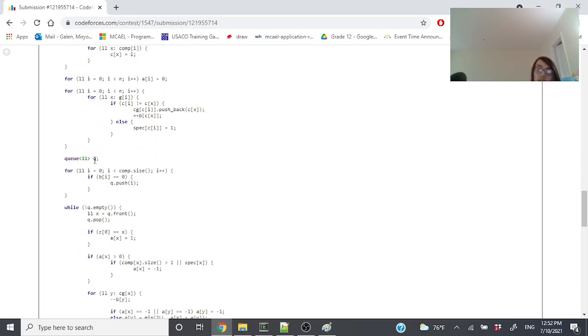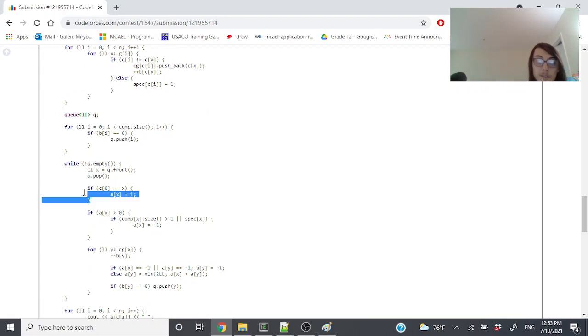Then we're doing topological order. We just keep a queue, and in the queue we only have nodes that are in degree 0, and then when we process a node, we decrease the in degree of everything that it has an edge to. So now, if this is 0, or if it's in the SCC with 0, then it has at least one path. If it has infinite paths, then set it to -1.